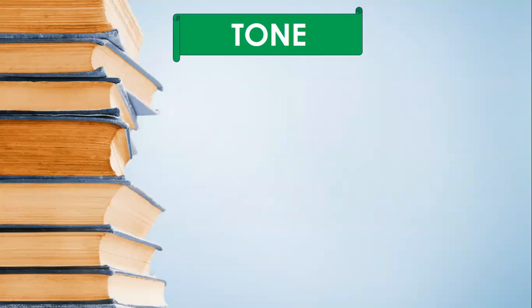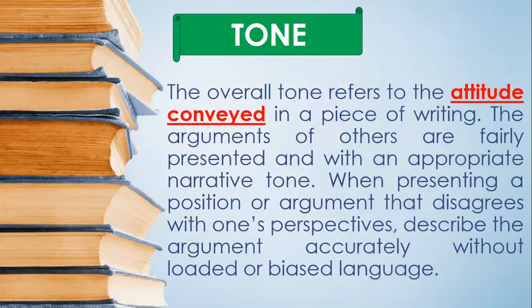Okay, so let us find out what we mean by tone here. When we say tone, it is the overall attitude conveyed in a piece of writing. So in other words, this is actually the attitude of the writer or of the author that he wants to convey through his piece of writing.